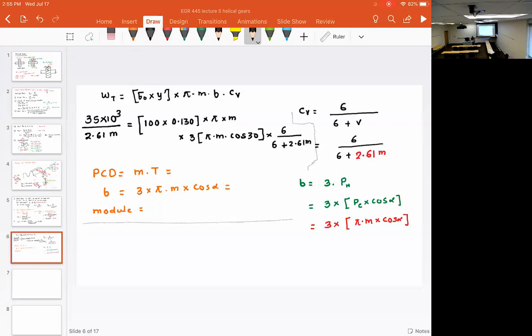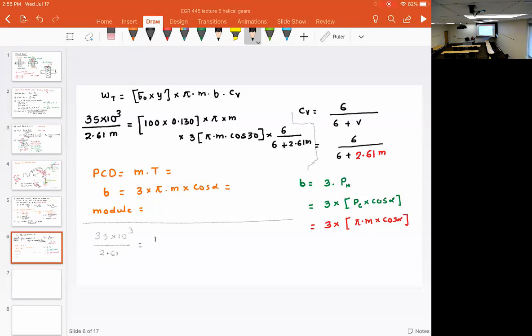So let me simplify this equation a little bit. 35 times 10 to the power 3 divided by 2.61. Okay, 2.61 is equal to this m.